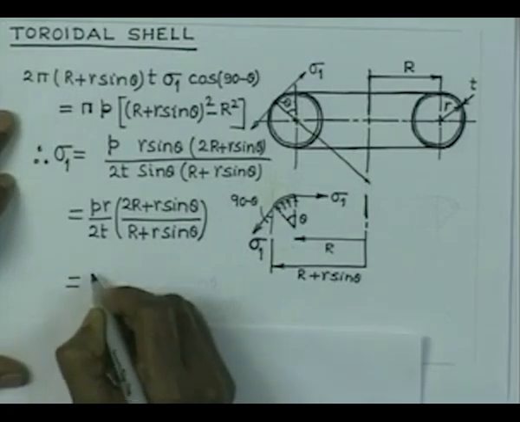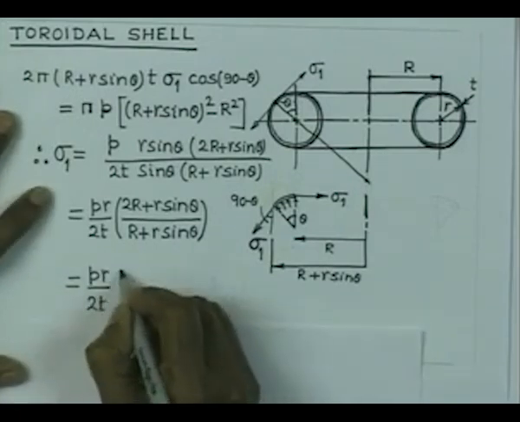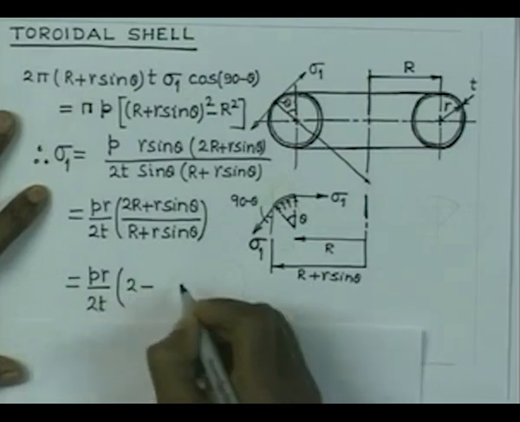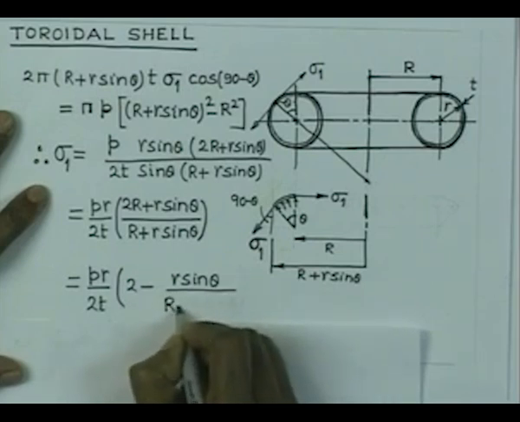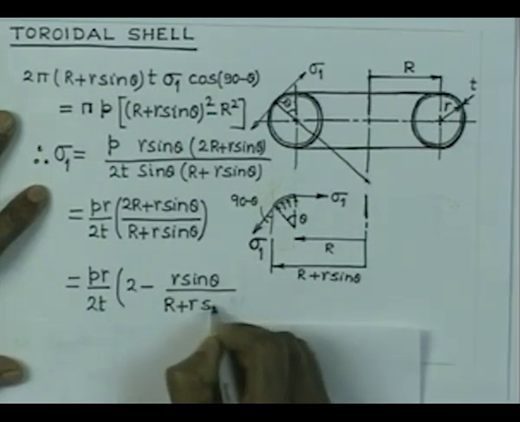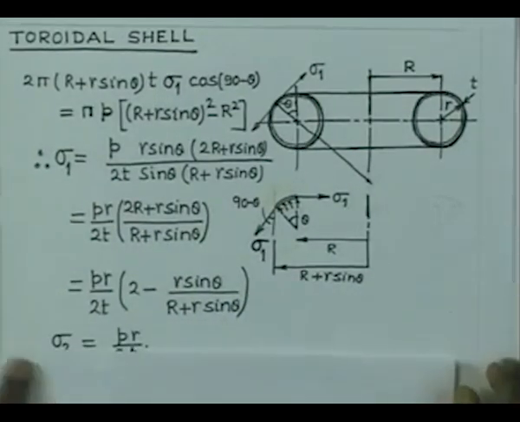We can now make it slightly different. We can write it as P R by 2 T into (2 minus R sin theta) by (R plus R sin theta). So that is the axial stress in a torus.